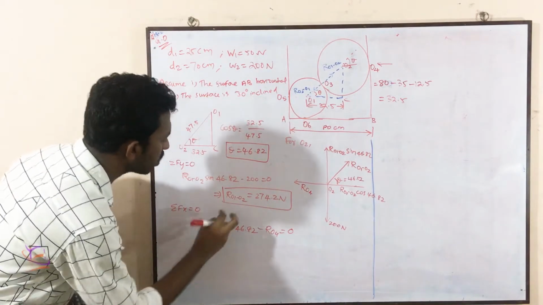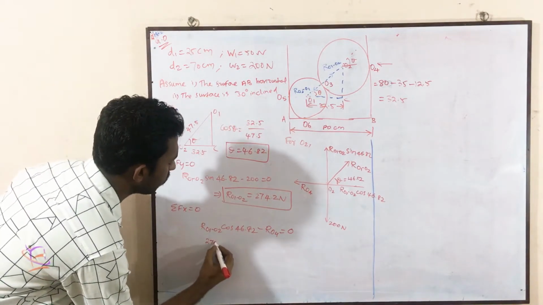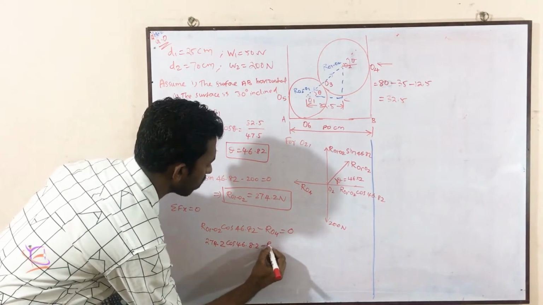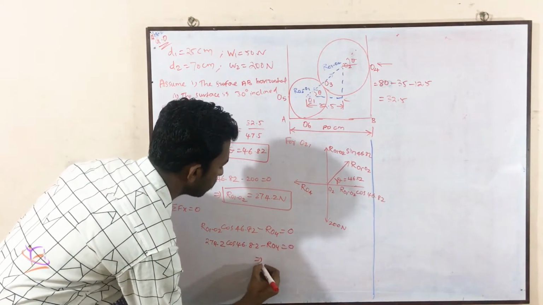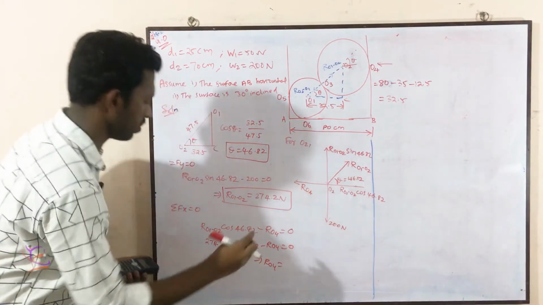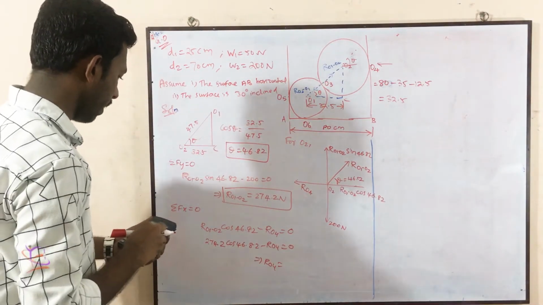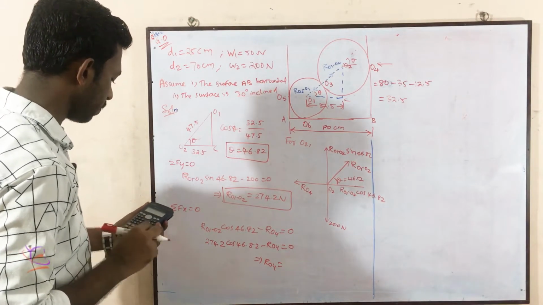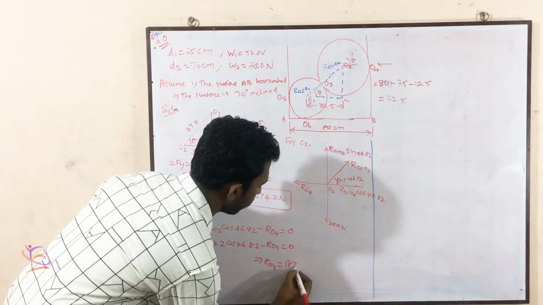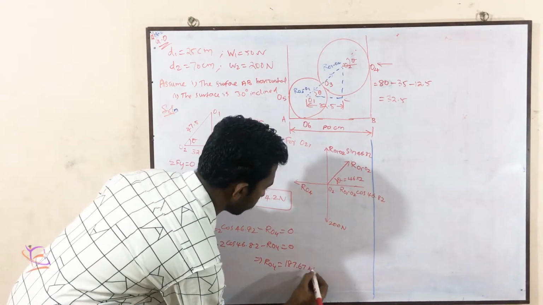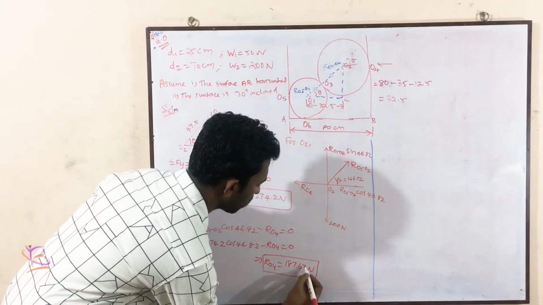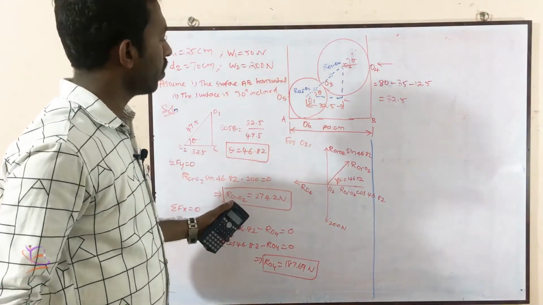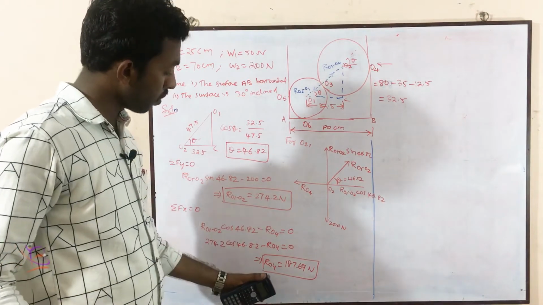Now R O1 O2 you can substitute, 274.2 cos 46.82 minus R O4 is equal to 0, which implies R O4 is equal to 274.2 into cos 46.82, which is 187.69 Newton. So finally, we got the values for R O1 O2 and R O4.